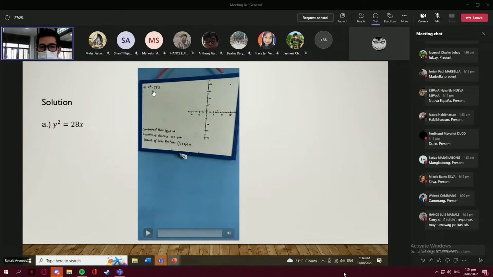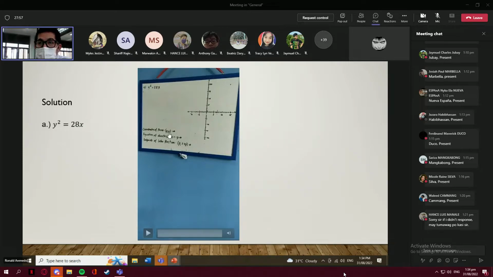We have here y squared is equal to 28x as the problem. We have the Cartesian plane. Better if you're going to solve, draw right away or draw first the Cartesian plane. Then I hope it is properly drawn and use pencil para malinis. Then since we're looking for these three: coordinates of focus, equation of directrix, endpoints of latus rectum, then write it right away so that you would be guided on what to do.